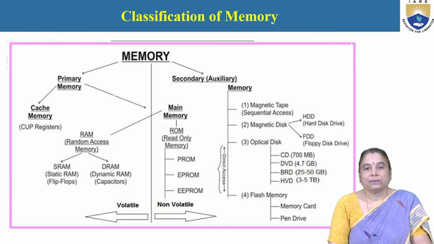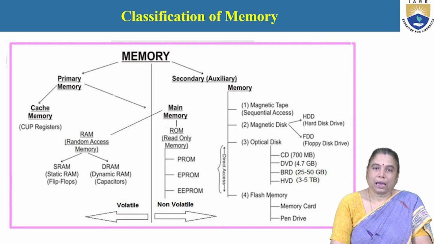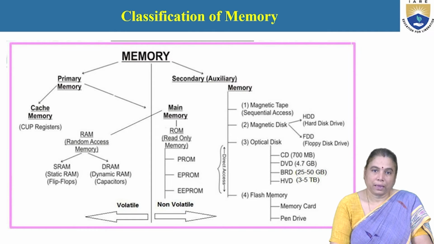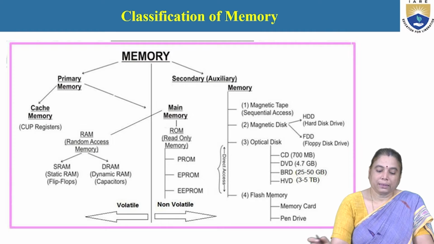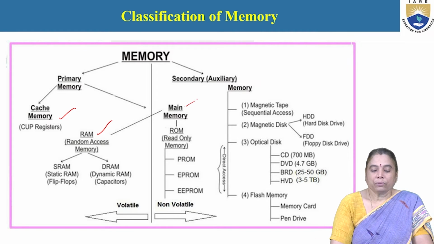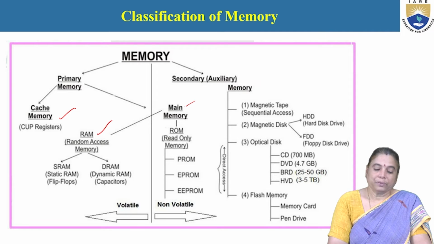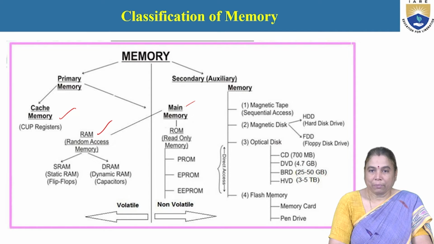Now we will discuss the various types of memory. The memory can be categorized into primary memory and secondary memory. Primary memory can be either the cache memory, the RAM or the ROM. So the cache memory comes under the category of primary memory, and RAM and ROM are the other two categories of primary memory.